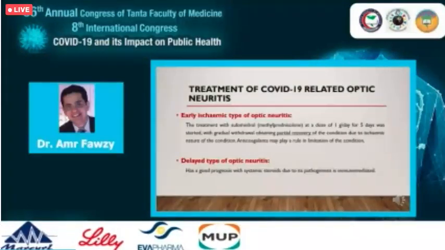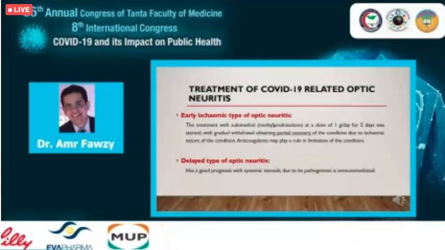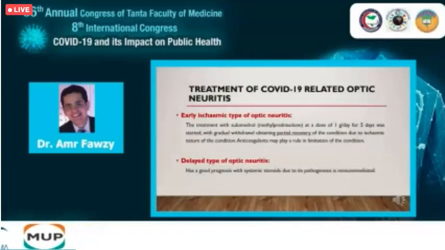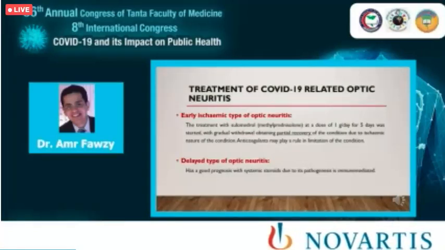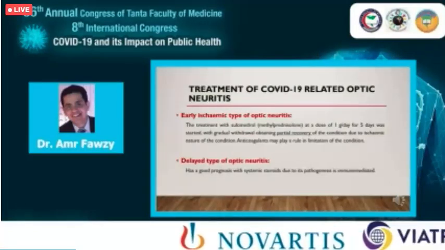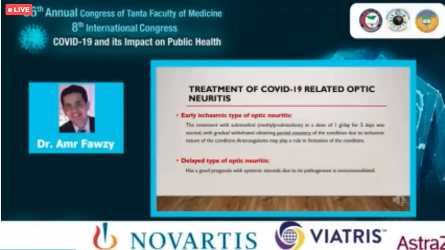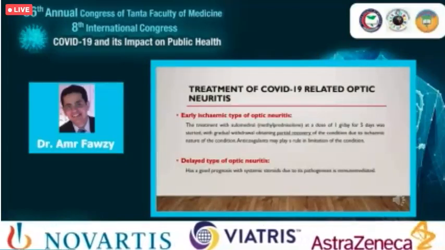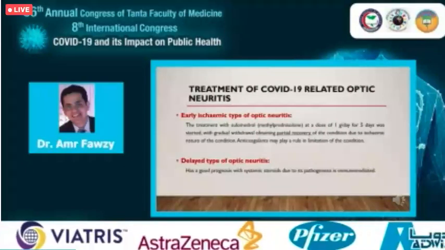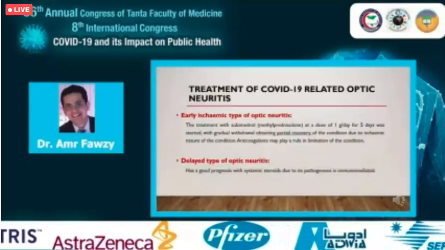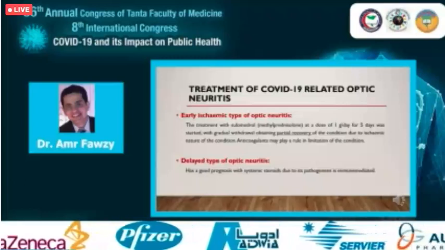So with COVID-19 related optic neuritis, what is the treatment? For the early ischemic type of optic neuritis, treatment with Solu-Medrol, methylprednisolone, at a dose of 1 gram per day for 5 days was started with gradual withdrawal, obtaining partial recovery due to the ischemic nature of the condition.